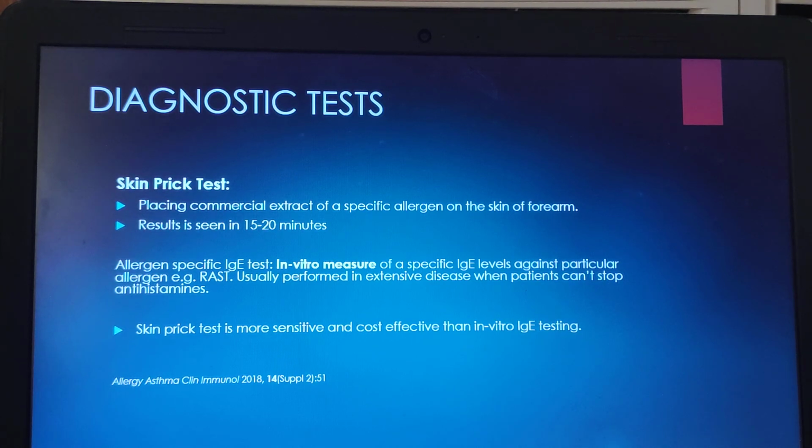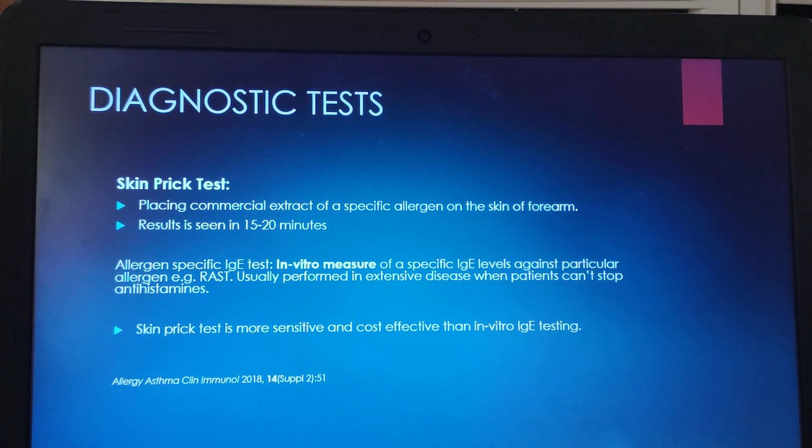There are certain changes on the skin after putting the allergen, and on the basis of that it can be confirmed that the person has allergic rhinitis. Now, for doing this skin prick test, if the patient is taking any anti-allergic drug or any antihistaminic preparation, he has to stop.